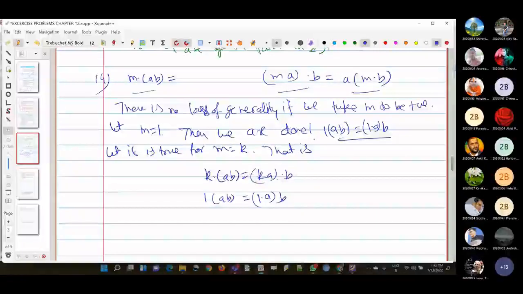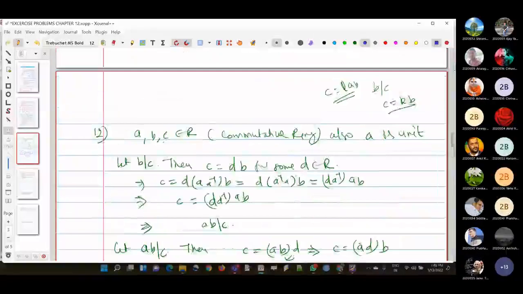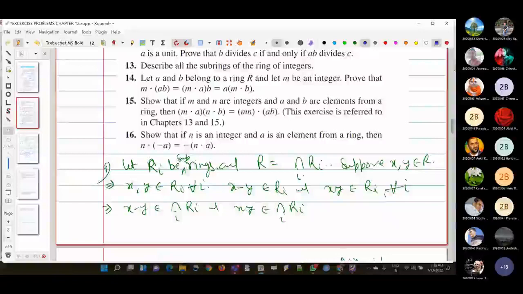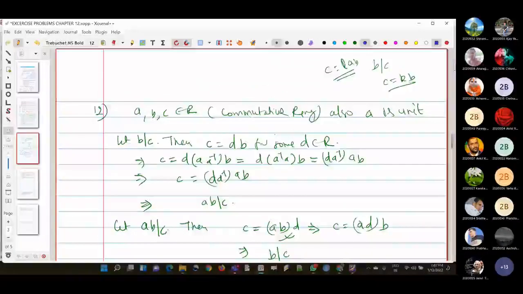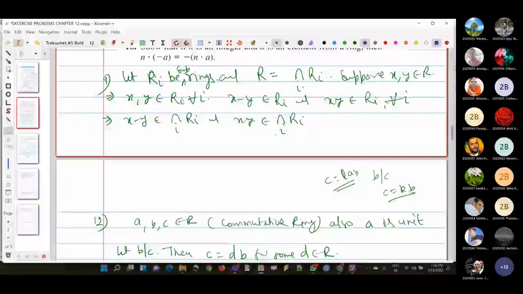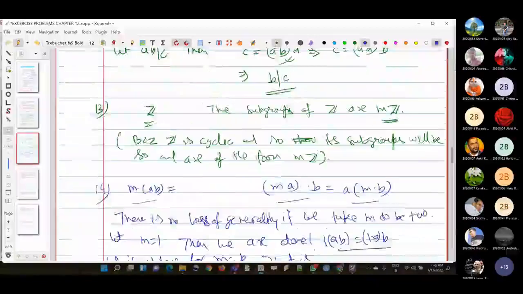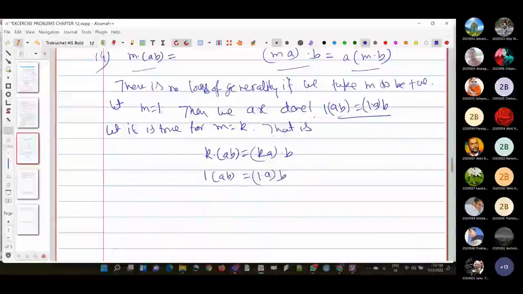They are keeping the dot with m, so this dot should be here, not here.